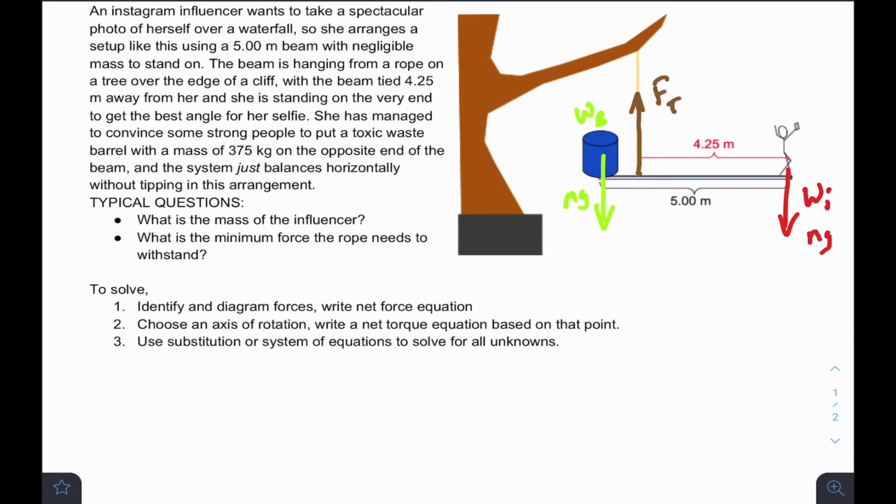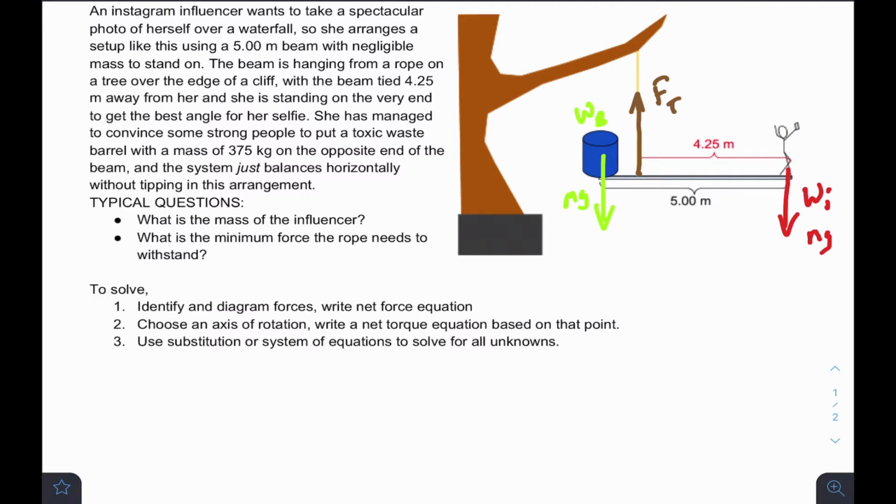If we had to take into account the mass of the beam, we'd have a fourth force acting on it. In this case, we're not worried about that. We know the length of the beam, we know how far the influencer is away from the rope, and therefore we know how far the barrel is away from the rope because they're on opposite ends of the beam. So what we're looking at then is a net force equation.